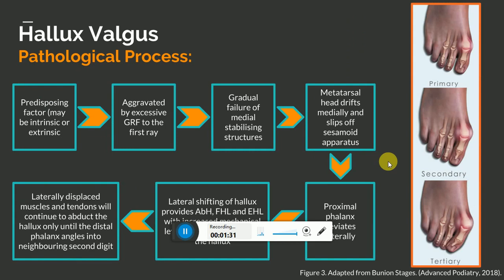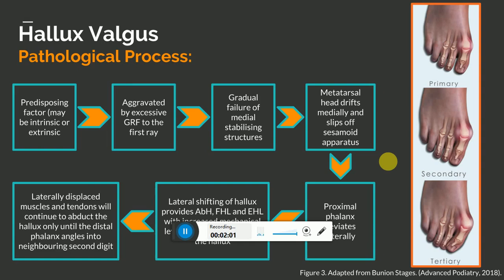According to Pereira, Mason, and Stevens, the pathology changes associated with hallux valgus are thought to occur in stages in the presence of one or more intrinsic or extrinsic risk factors. After the foot, or more specifically the first ray, is predisposed to a HAV risk factor, the first stage in the pathogenesis of hallux valgus is a gradual failure of the ligamentous medial structures that play a key role in maintaining the structure of the medial longitudinal arch.